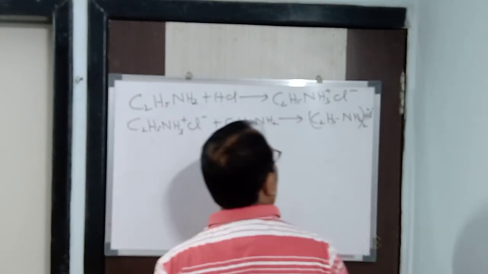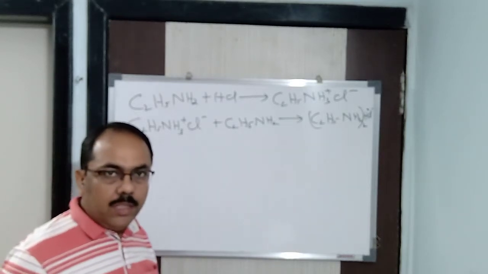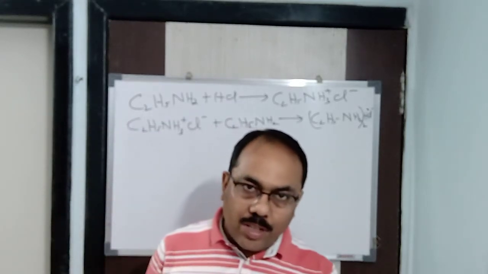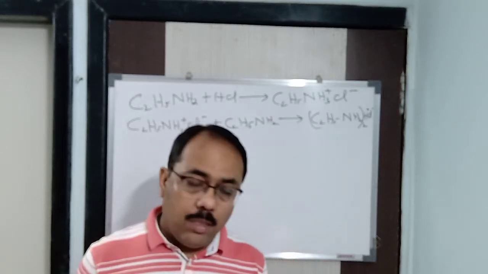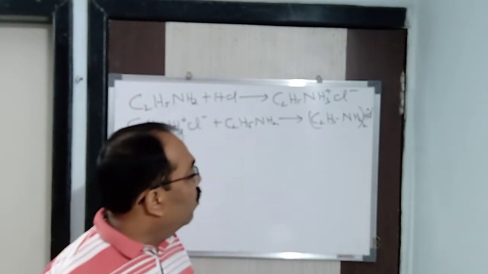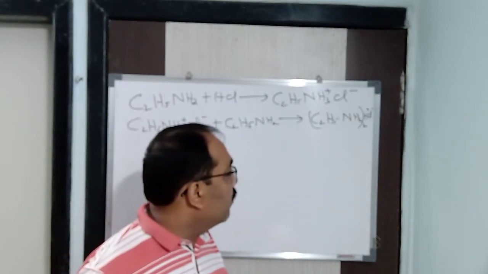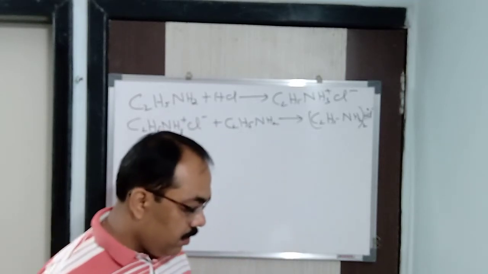Now it is okay, you can get it in this particular way. So in this way, it will further react with C2H5NH2 to form another salt, that is (C2H5)3NH+ and Cl-, you will be getting it in this way.